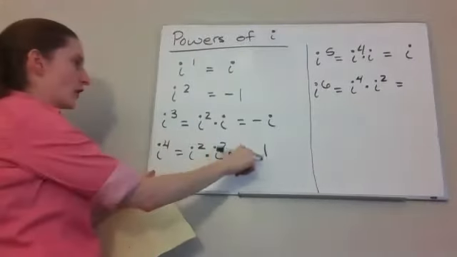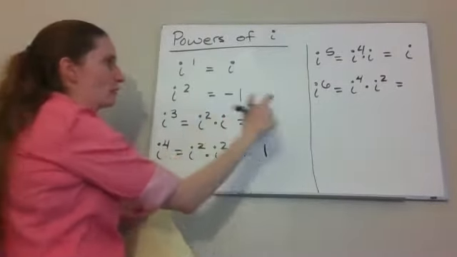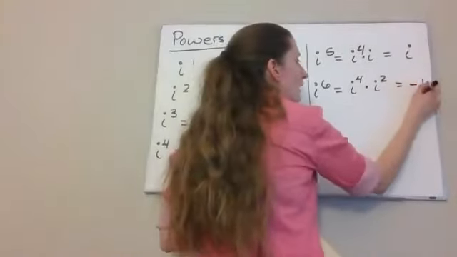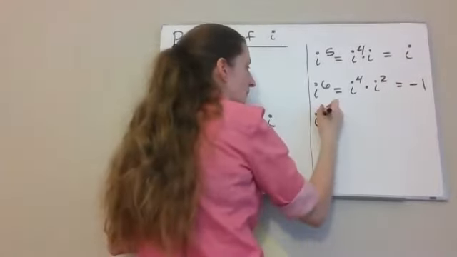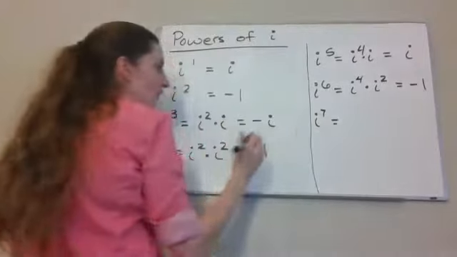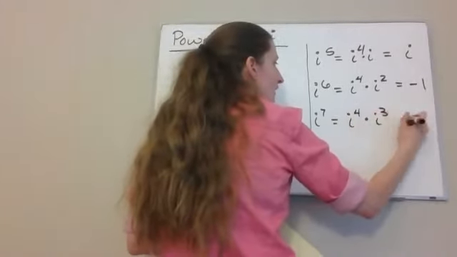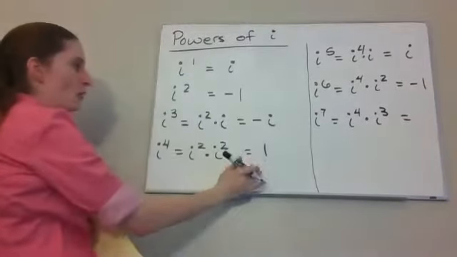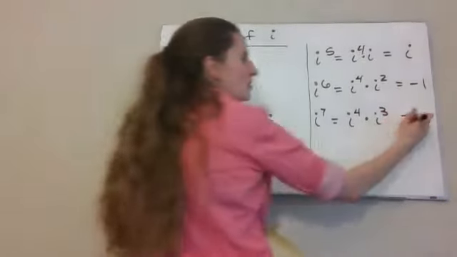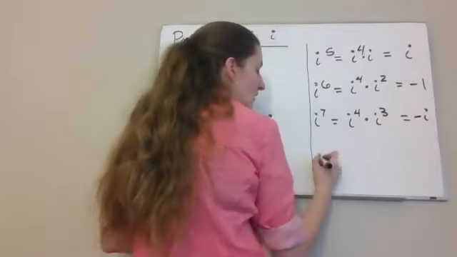My i to the fourth was 1. My i squared was -1, so I get -1. i to the seventh is i to the fourth times i to the third. So that's going to be 1 times a -i, which is -i.